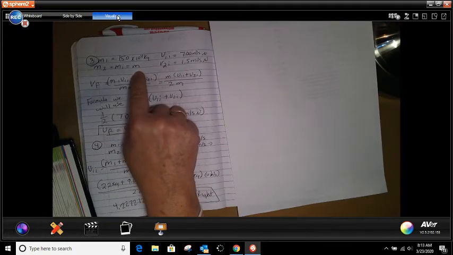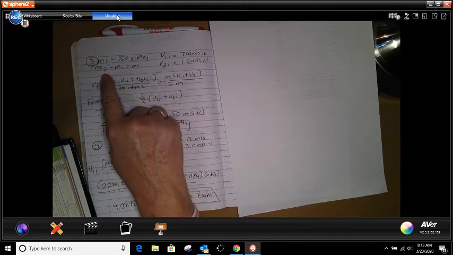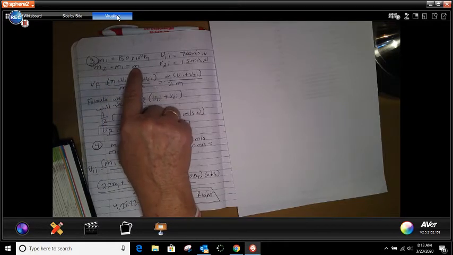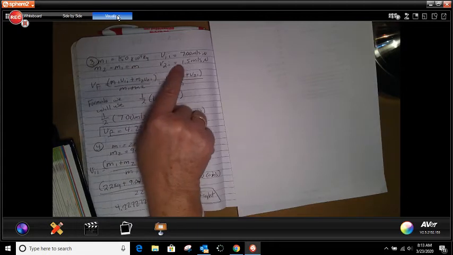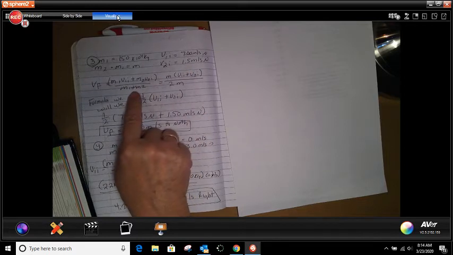Okay, if it's the same mass, I could actually put 1.50 times 10 to the 4th again. This is basically telling us mass 2 equals mass 1. And then in the direction of 1.5 meters per second to the north. What is the final speed of the cart and the bag?